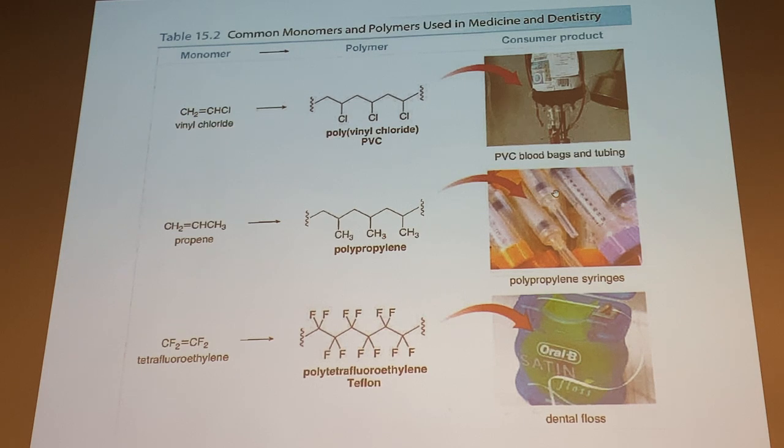Polypropylene, and I've brought some examples to remind you of this type of stuff. Syringes and other type of tubing materials. They're a little bit more rigid materials. Then we have polytetrafluoroethylene, or PTFE. Teflon is the common name for it. Teflon is neither hydrophilic nor hydrophobic. It repels everything, actually. Most polymers are hydrophobic.